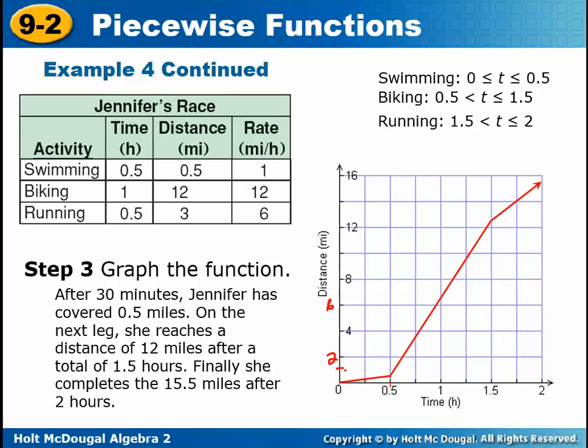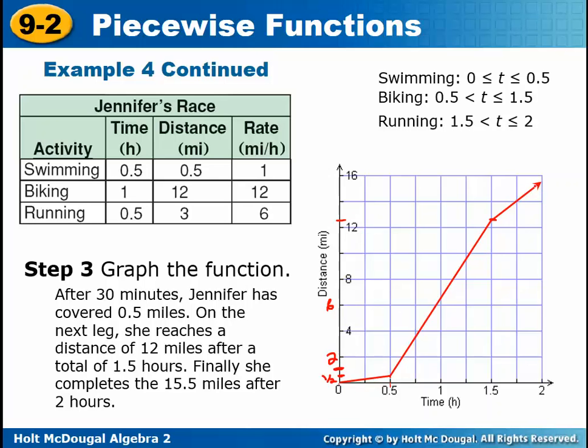So this is 1, and this is a half, which is how far she went after swimming. Okay, then she got on her bike. And of course she went faster. She went all the way for the next hour, and she got all the way to 12.5 miles because she had gone half a mile by swimming, and then she went 12 more miles on her bike, so 12 plus 1/2 is 12.5.